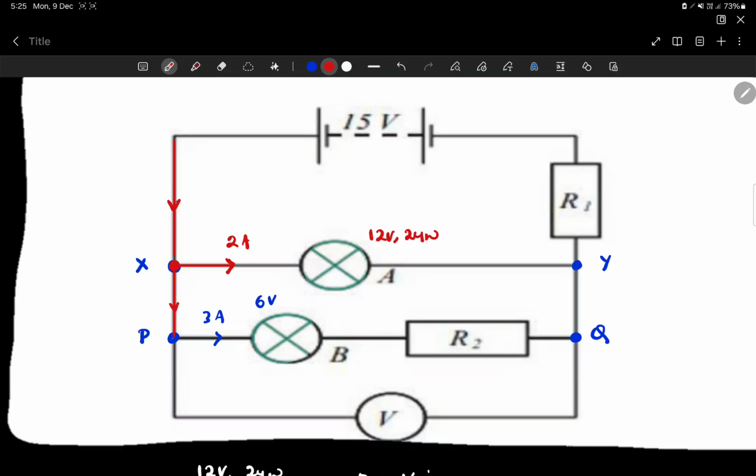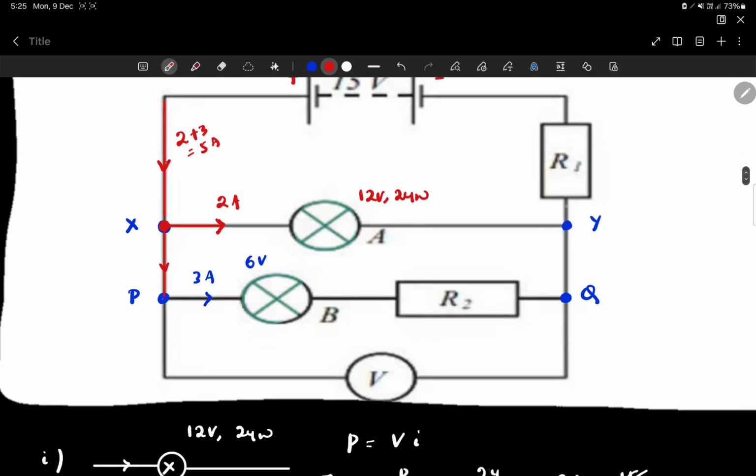What is the total amount of current coming towards the junction X? That will be 2 plus 3, that is 5 ampere. Incoming equals outgoing. That means this is your positive terminal and this is your negative terminal. Now we can say the total amount of current flowing through R1 will be 5 ampere.